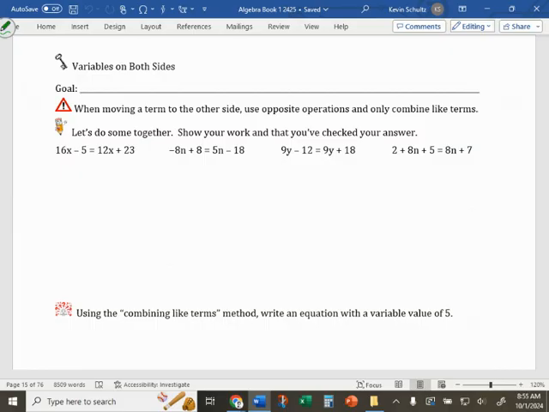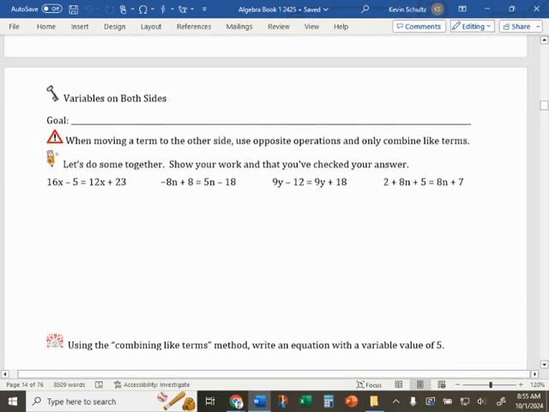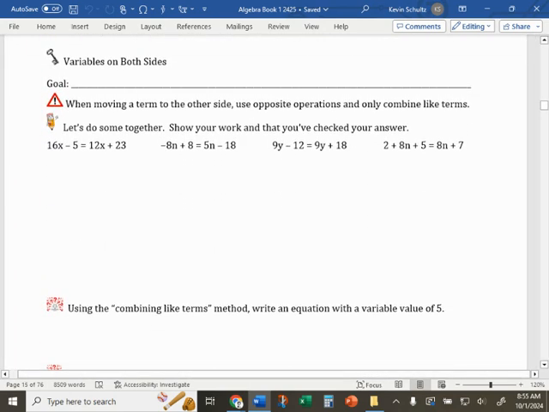Okay, but the difference is, in combining like terms, notice where your like terms are. 9x, negative 4x, on the same side of the equal sign. 8n, negative 11n, the same side. 7 and 3, negative 10n, negative 2n, the same side. When you have those variables on opposite sides, on both sides of the equation, your process is a little bit different. What are we going to use to move, not simplify, but move our variable terms to the same side?